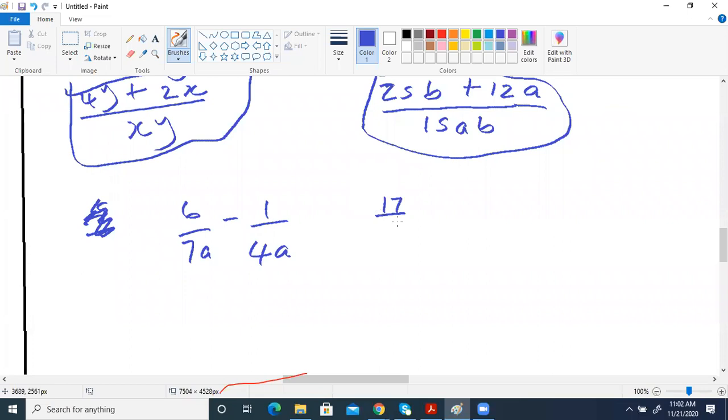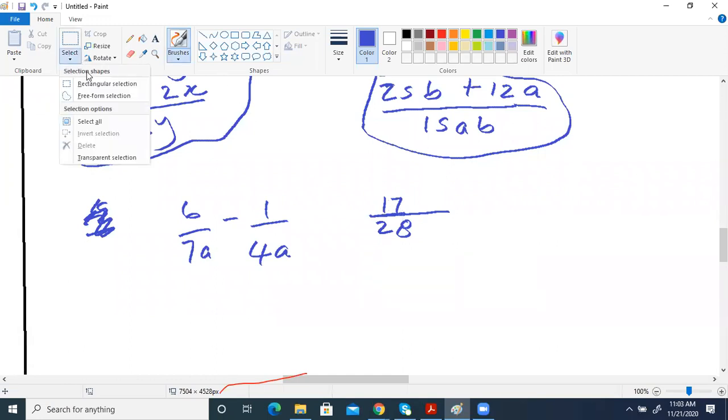I have 24 take away 7 over 28. Wait, one at a time. Oh, 24 take away 7. Are you sticking with the 17 over 28? All right, you're not sure. Anybody else?